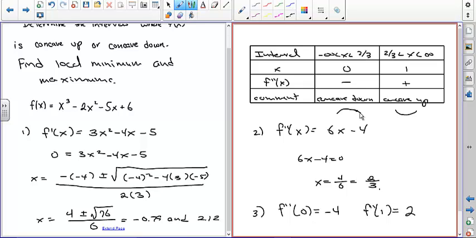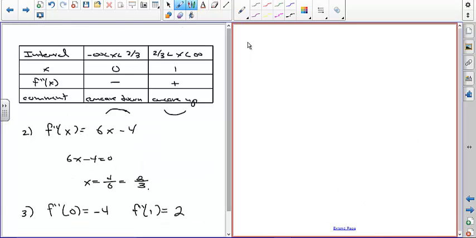So I'm going to write that out in words so you can see the explanation of how you use the second derivative test.